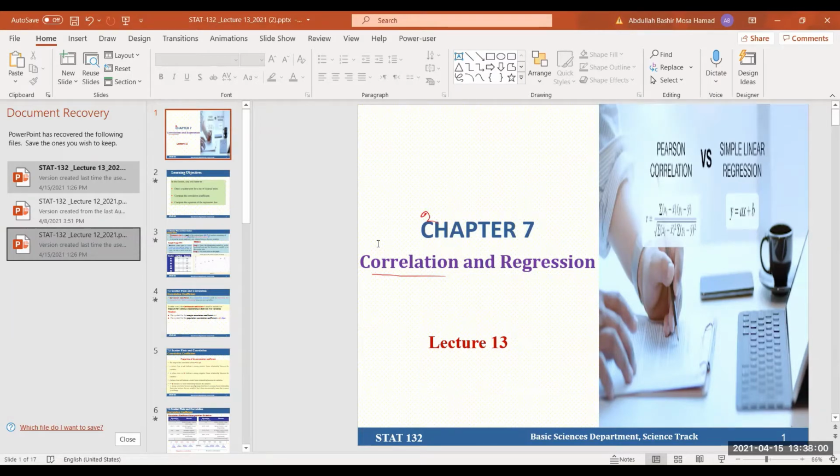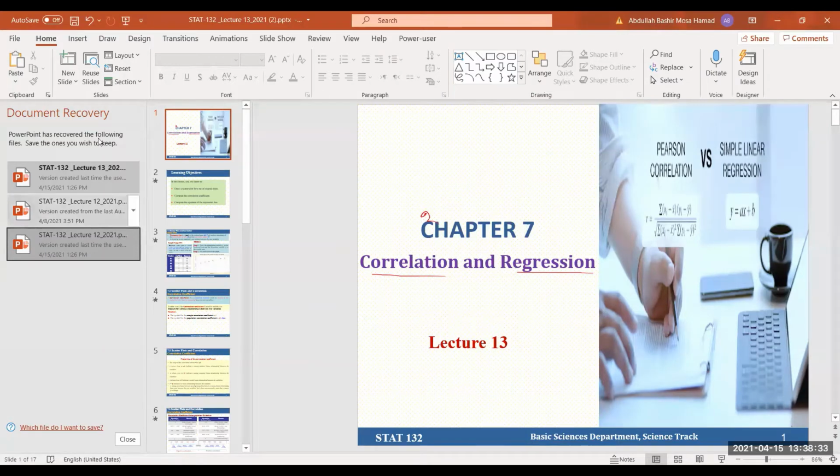If this relation exists, we will move to describe this relation by using regression. Actually, we will discuss only the relation between two variables, and we will describe it with simple regression, which is called a linear line function.